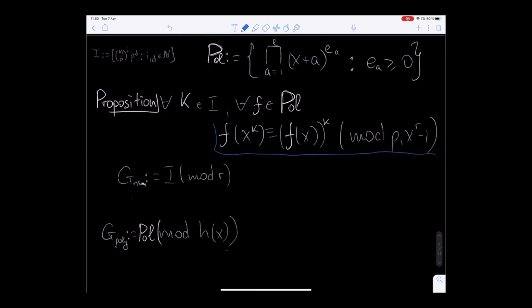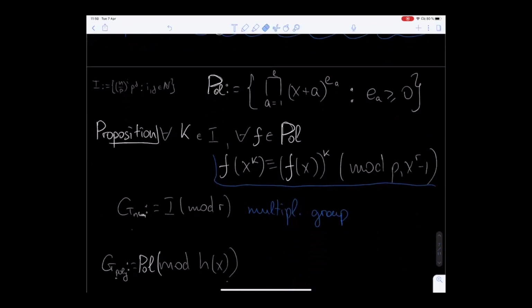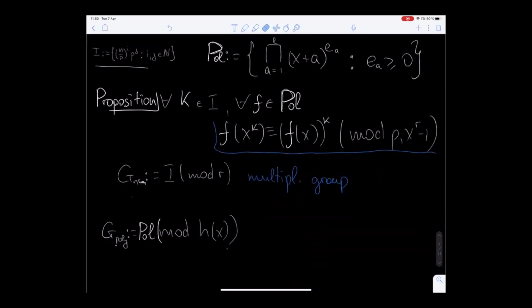It's a multiplicative group, because we can look at the definition, which is in the corner here. These are these numbers, and obviously, if you take two numbers of this form and take a product, it'll give you a number of the same form.